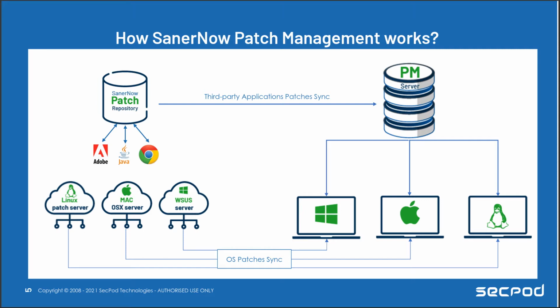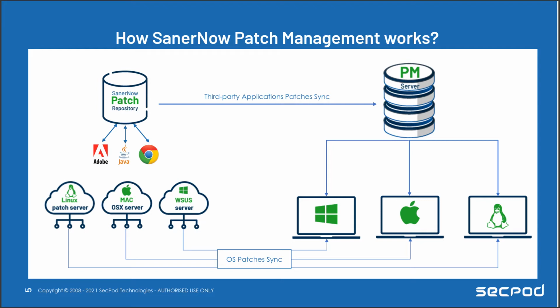As you can see, this is the workflow of the patch management system. Here, Sena Now has a dedicated patch management server, which you can see on the right side, and all the agents, Windows, Linux, and Mac, will be in continuous contact with the patch management server.